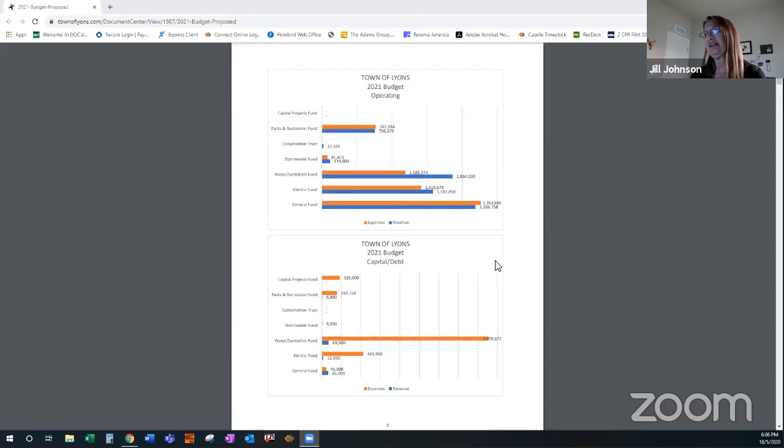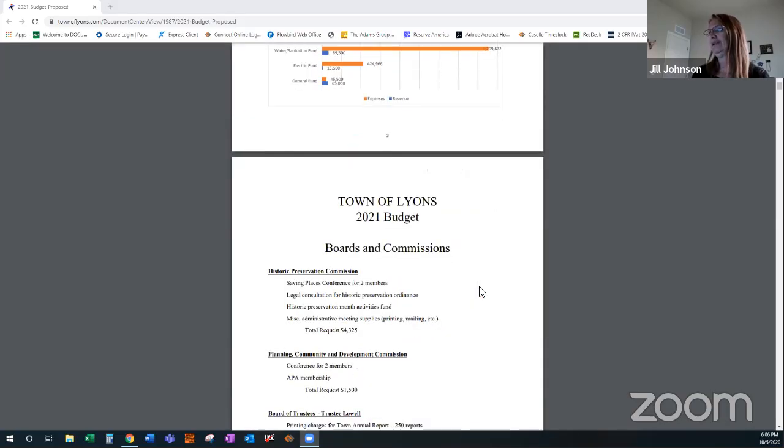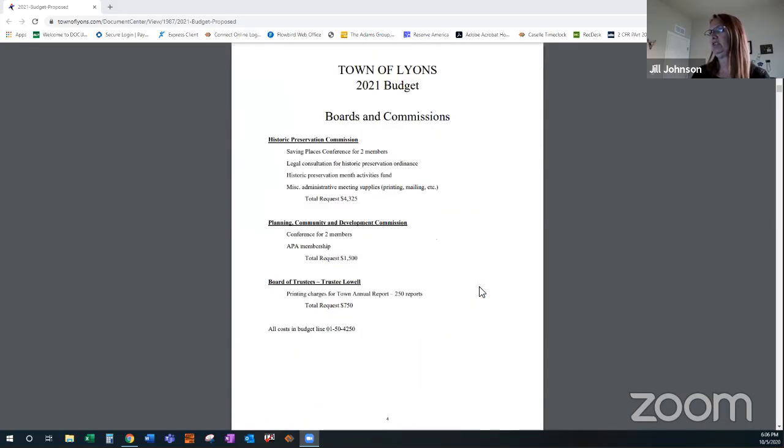So this chart just kind of gives you a quick snapshot of our operating revenue and expense versus our capital debt revenue and expense. And this is one-time revenues and one-time expenditures. This does not take into account any type of transfers that we have coming in or any use of reserves. So this is just kind of a really quick snapshot. These were requests from the boards and commissions.